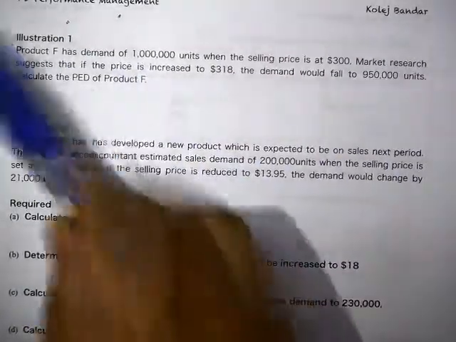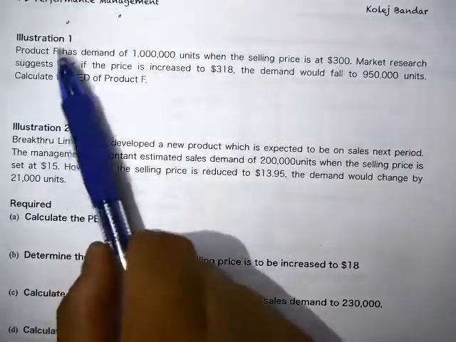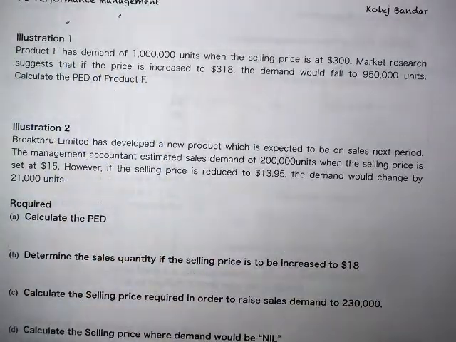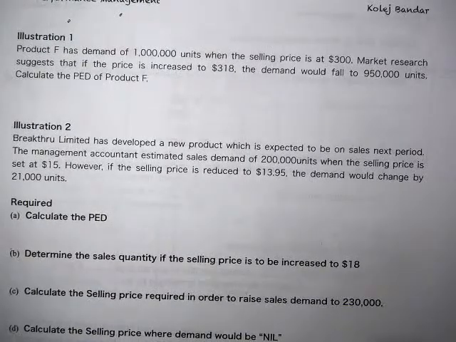Okay? Product F has a demand of 1 million units when the selling price is at $300. The research suggests that if the price is increased to 318, demand falls to 950,000. So what's the PED?